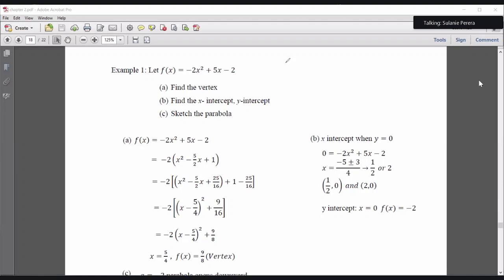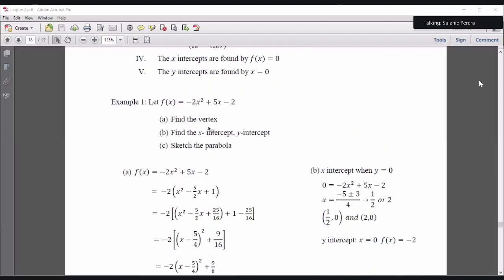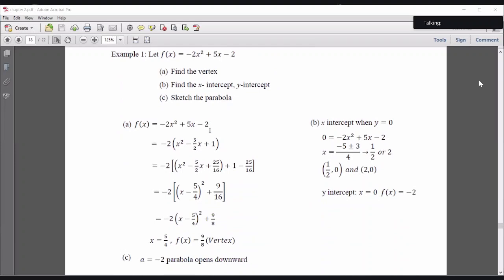Please repeat again. How do we find the vertex?